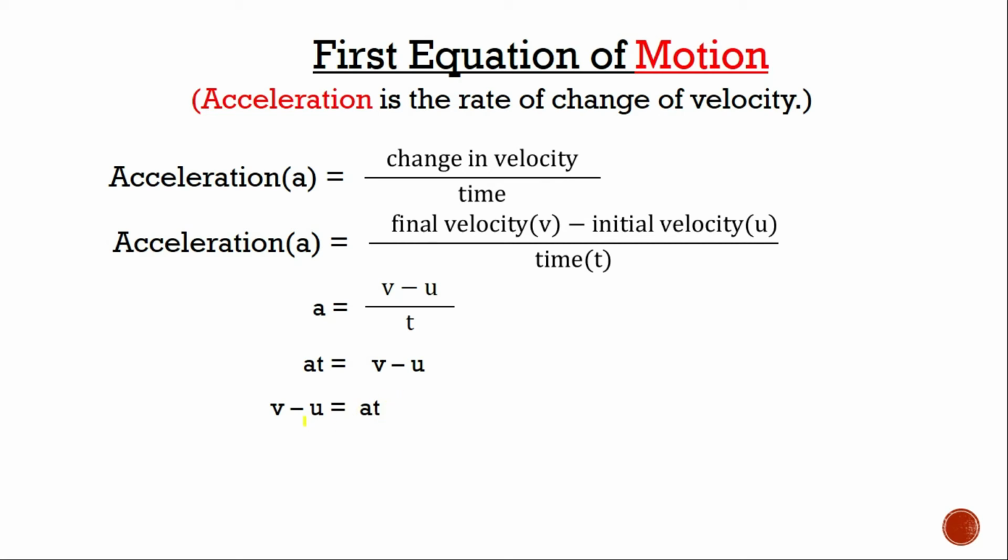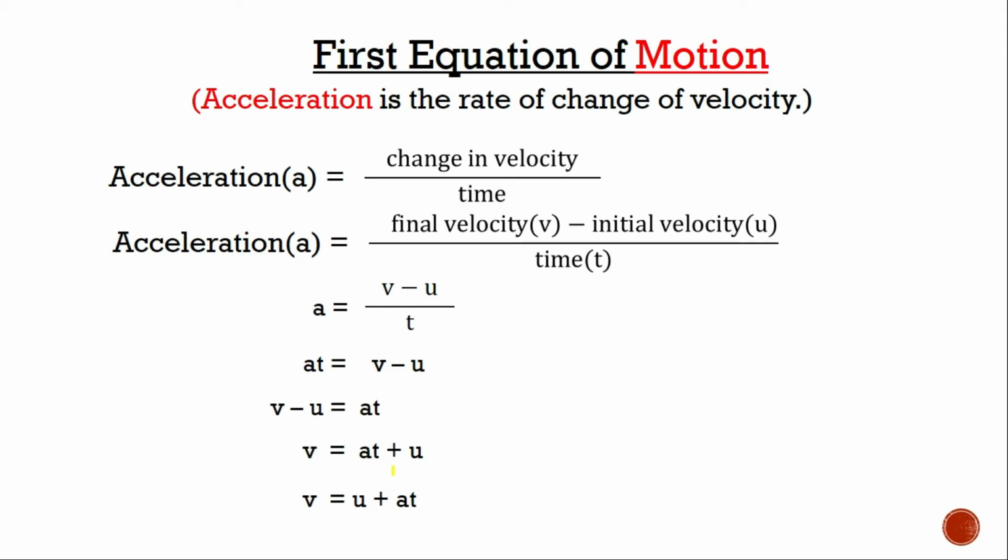Now if we take this minus U to the other side, this negative sign will change into positive and we'll get our equation to be V equals AT plus U, which can again be written as V is equal to U plus AT.